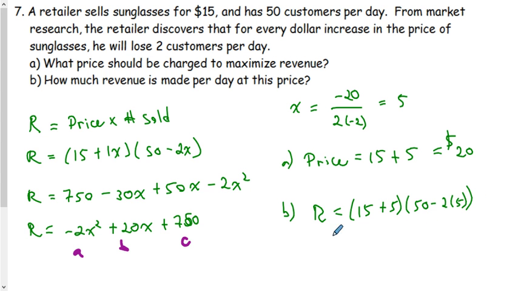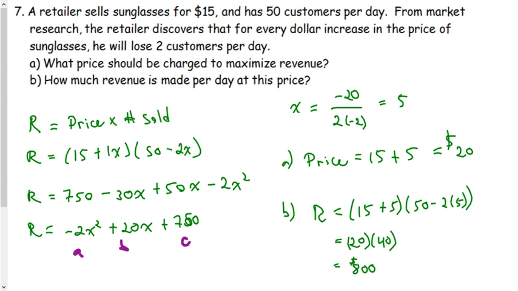So that'll end up being 40 in that bracket. So that's going to be 20 times 40. What's that work out to? That's 800. So the maximum amount of money we can make from this is 800 bucks. So the coordinates of our vertex are 5 and 800.